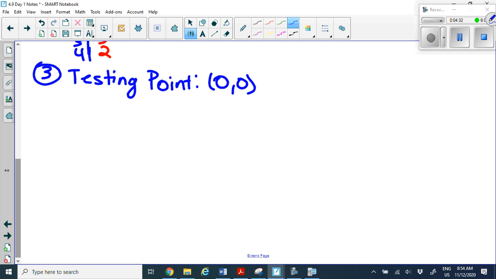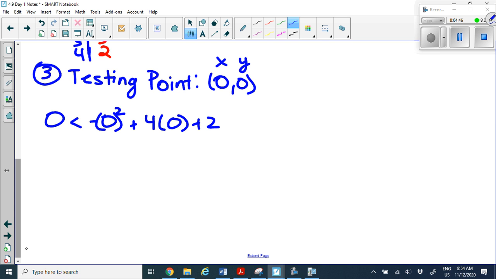Okay, let's go ahead and plug in. So notice x is going to be 0 and y is going to be 0. So I'm going to have 0 is less than negative 0 squared, and then plus 4 times 0, plus 2. So I'm going to have 0 is less than positive 2. Is that true or false? Hopefully you said it was true.